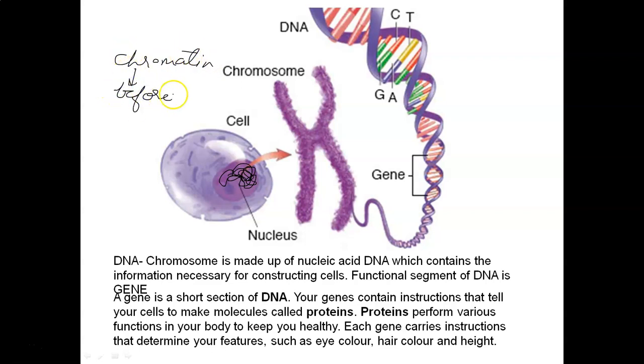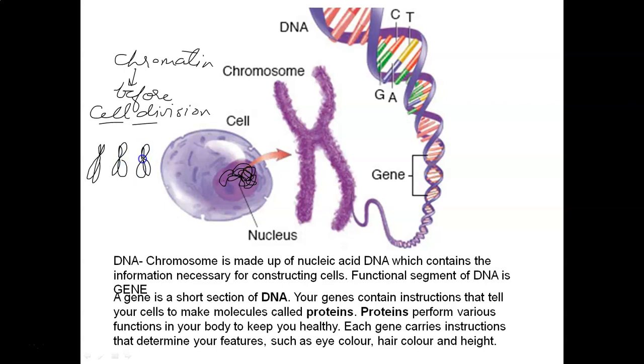Before the cell division occurs for cell repair, for growth, and also at the time of reproduction. Cell division is the important process, important event, okay, which occurs. Now, at the time of cell division, this chromatin network arranges itself in the form of rod-like structure, which is known as chromosome.